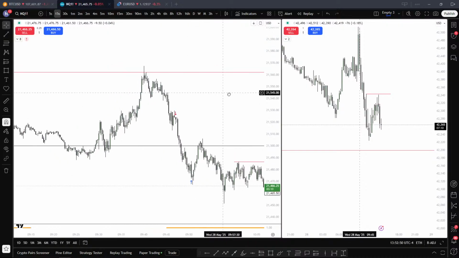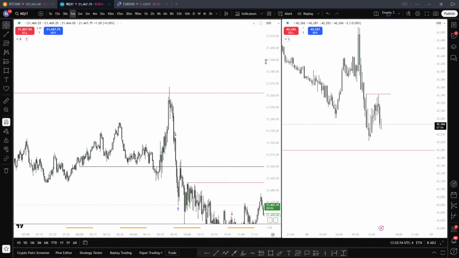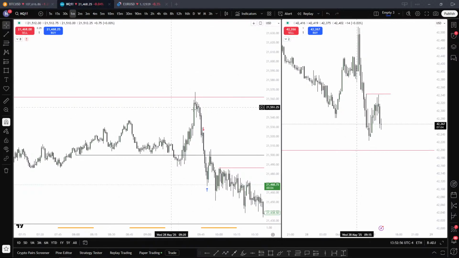Not bad. Basically, the setup for this trade was I was monitoring how we were going to react from this high. It became apparent to me pretty much straight away that we took it out. This target has been on my chart for quite a while. We took it out, and then we swept it.